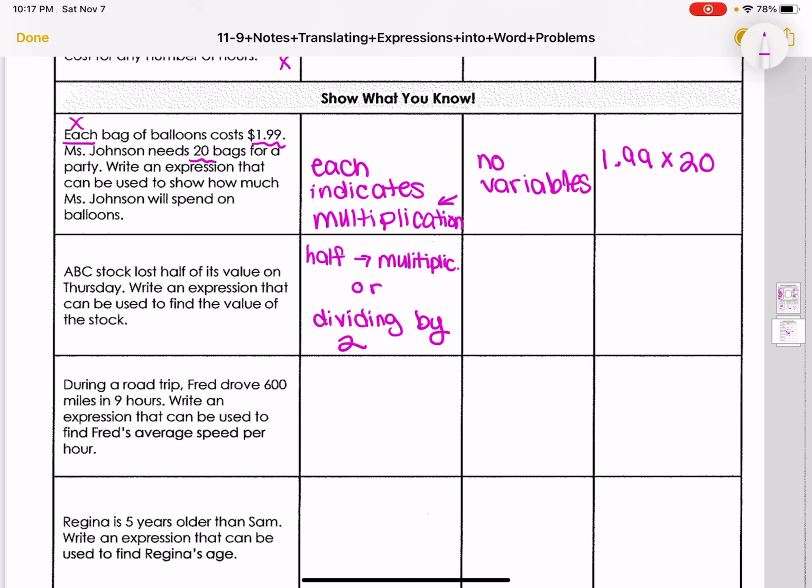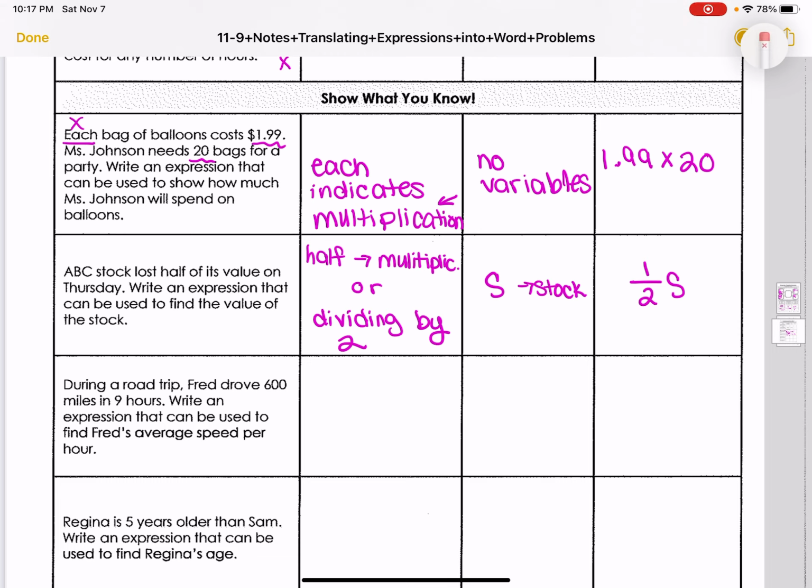Which is what we're going to do in this situation. And we're going to have a variable because the only thing they gave us is a half. And we know we're going to write that as 1/2. So we're going to have a variable, let's say S. That's going to be for stock. So we're going to do 1/2 times S, which is the same thing as multiplication for half.